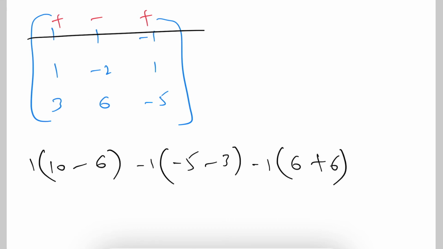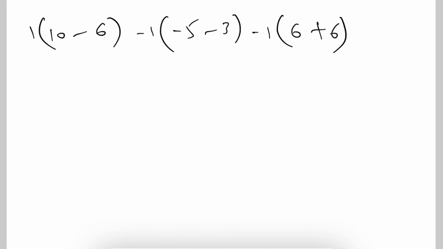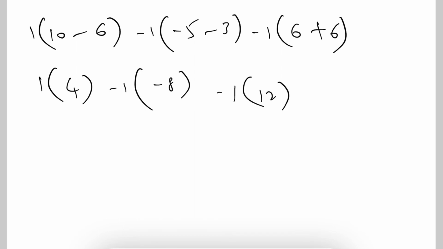If we simplify this further, 1 into 10 minus 6 is 4, minus 1 into minus 5 minus 3 is minus 8, minus 1 into 6 plus 6 is 12. So 4 plus 8 is 12, minus 12. 12 minus 12 is nothing but 0. Here the determinant we got as 0.